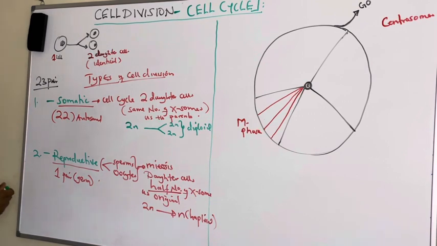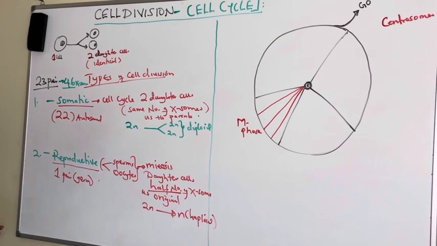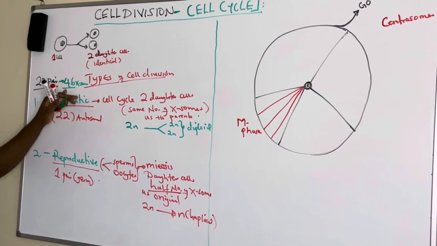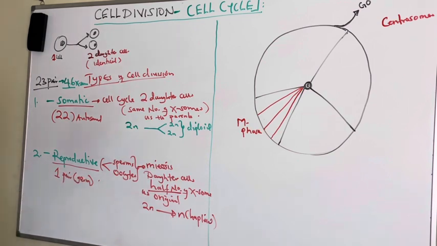So 23 pairs give us 46 chromosomes. In our body we have 46 chromosomes, whereby 45 are autosomal, or somatic, found in the somatic cells, whereas the last one, the 46th, is found in the germ cells.